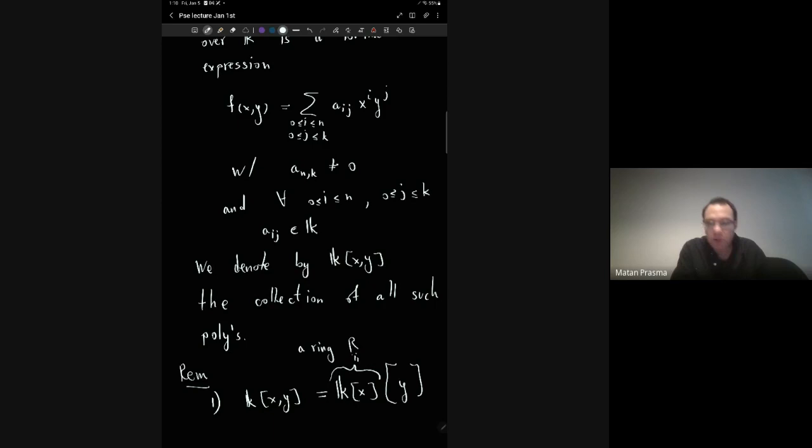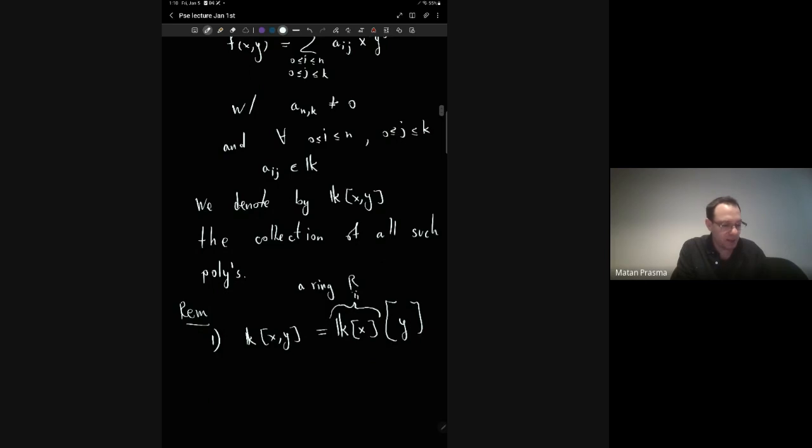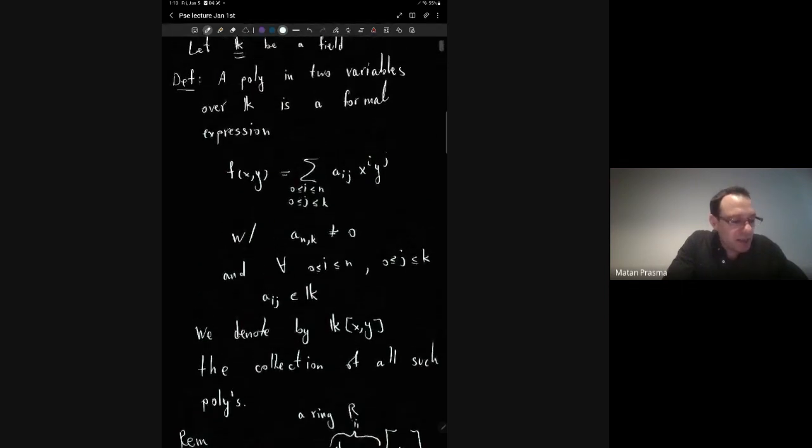And that's K[x,y]. Okay? So that's one thing. And of course, as a result, K[x,y] is a ring, and you can add and multiply polynomials in two variables. So this is just to set the stage.